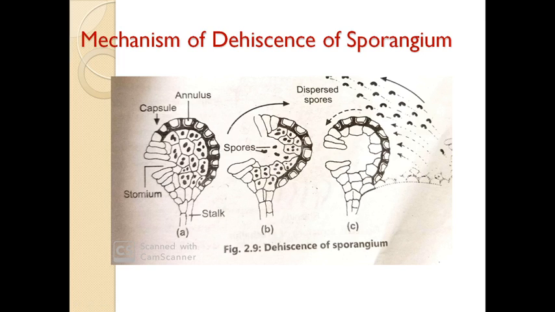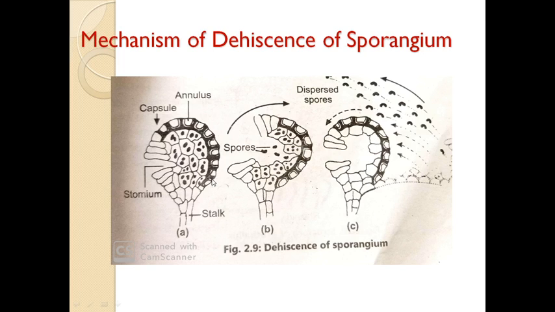At the same time, the cells of the annulus lose water. As a result, the drying of the annulus creates equal tension on the cell wall. This tension makes the annulus cells straighten up, resulting in breaking of the sporangium by rupturing the thin wall cells of the stomium. Thus the spores are dispersed.